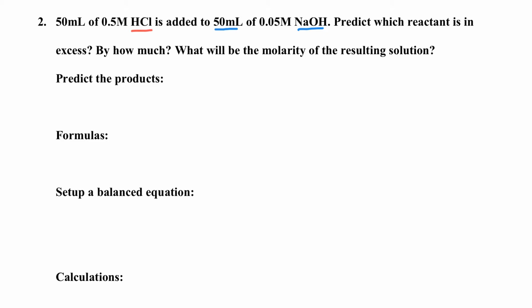We know we have 50 milliliters of it, and we have 0.05 molar. We also know that we have 50 milliliters of hydrochloric acid, but we have 0.5 molar hydrochloric acid. So clearly you can see that the concentration of hydrochloric acid is much higher compared to the concentration of sodium hydroxide.